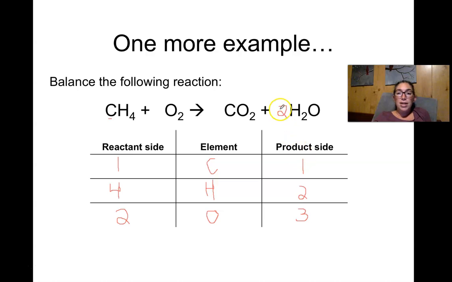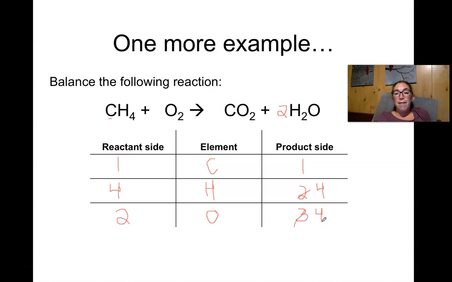If we put a 2 here, 2 times 2 is 4, then that gives us 4 hydrogens. But then we also changed the number of oxygens, so we need to update that. We have 2 times 1, so we've got 2 oxygens plus 2 oxygens, a total of 4 oxygens now.